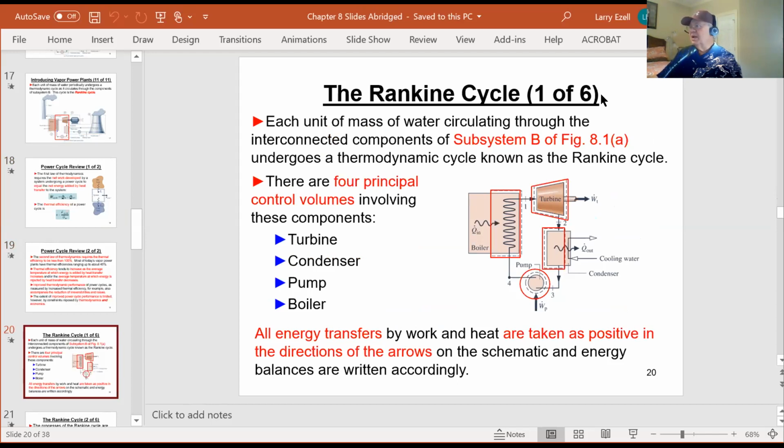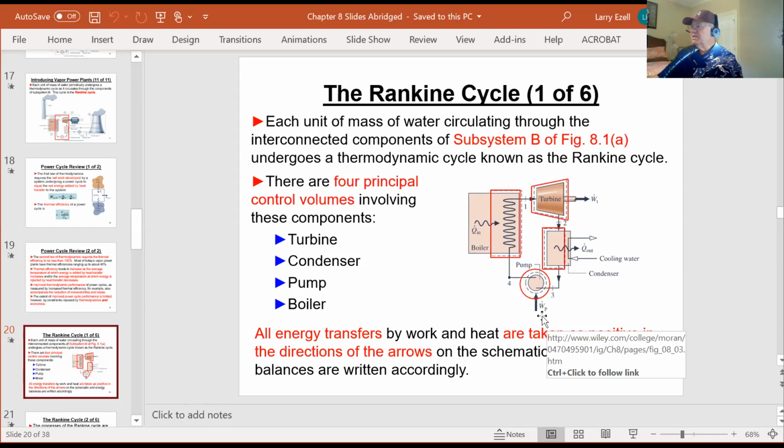So here's the Rankine cycle. Here's the basic components: the turbine, the condenser, the pump, and the boiler. We have heat transfers here in the boiler, heat in, we have heat out here in the condenser, work output of the turbine, and then you got to put some other work in, usually a big electric motor.